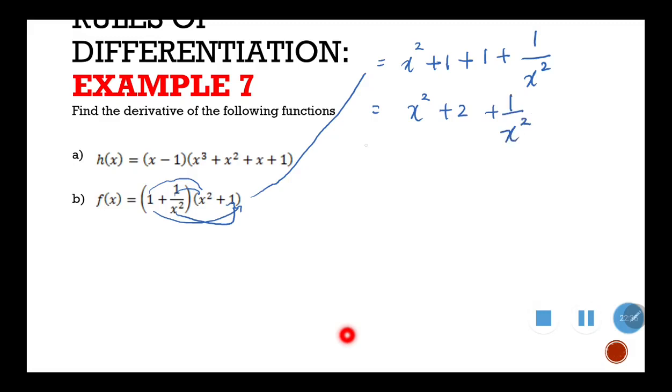Then differentiate this equation, you will get 2x minus 2x minus 3. This one here can be rewritten like this. So the final answer is this.